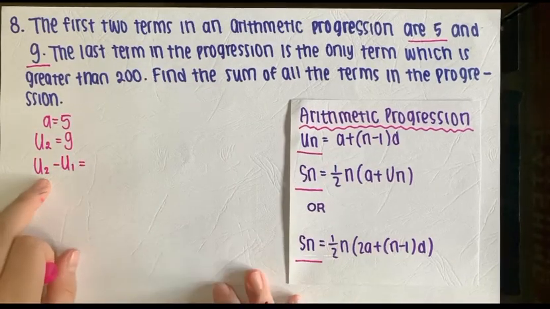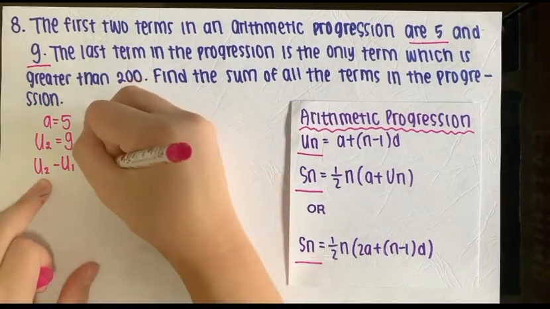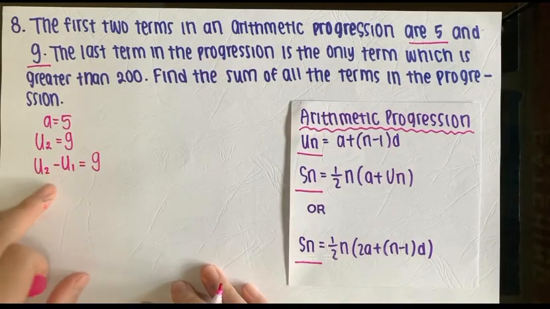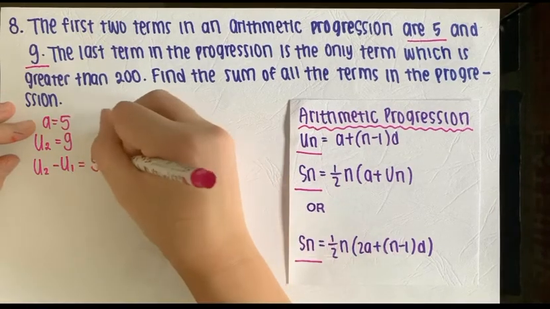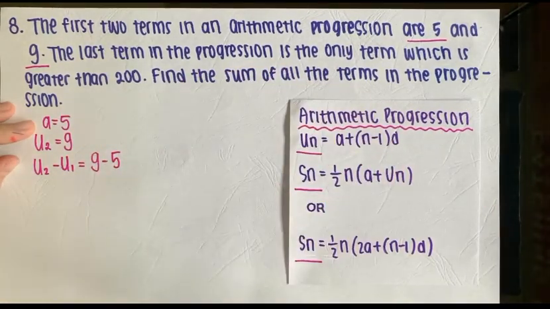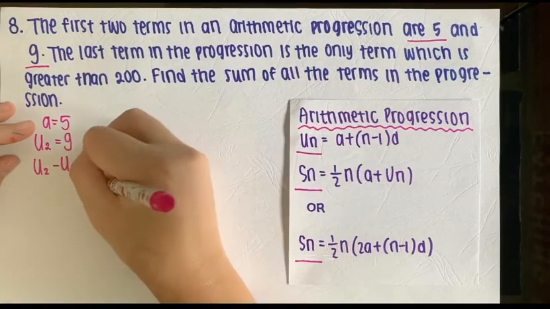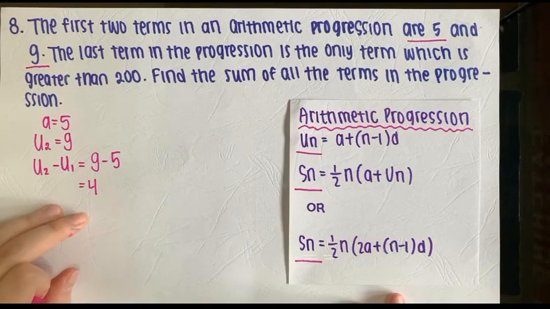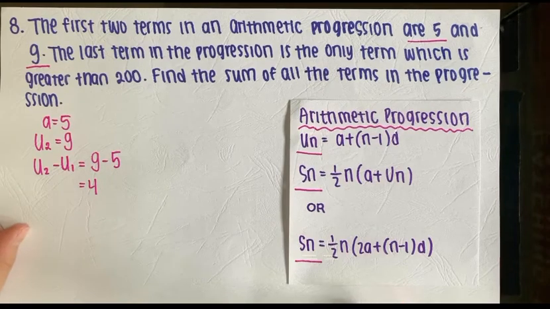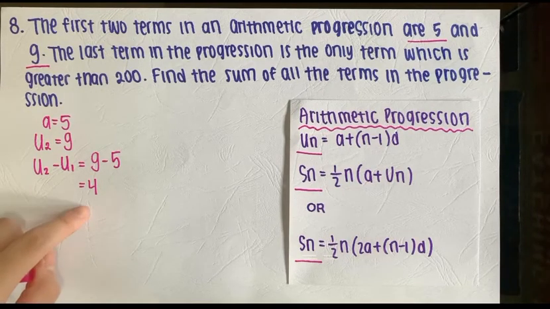Knowing that u2 is equal to 9, while u1, which is the first term, is a, which is 5, minus 5 gives 4. This is the common difference between the first and the second term, which is what we call d.